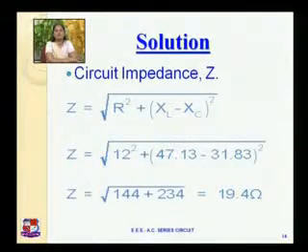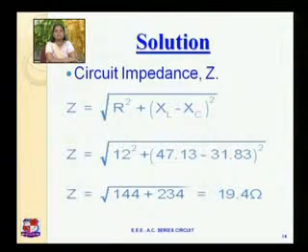So now inductive reactance and capacitive reactance both are known to us. Value of resistance is already given, so you can easily find the impedance of the circuit. So Z is equal to under root of R square plus XL minus XC square. Now value of R is given in the data, value of XL is already known, value of XC is already known. So you can put the value of this in the equation.